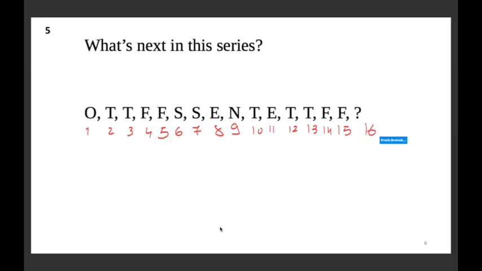So if you observe the letters, O T T F F S S E N T E T T F F are the initials of the numbers. So here 16 is S, which is the correct answer. Okay. Move to the next one.